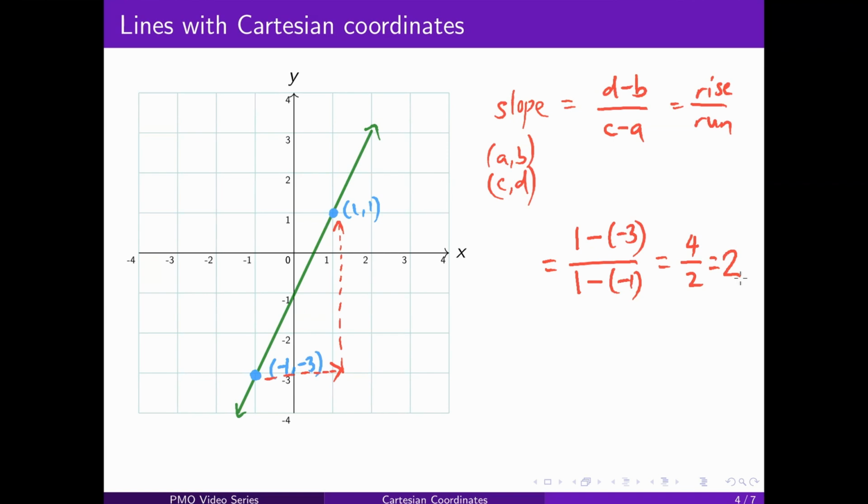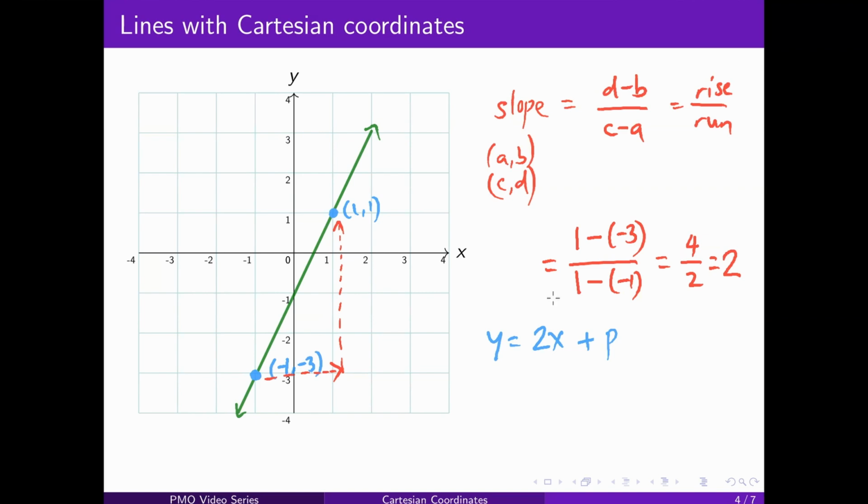So now that you have the slope, we know that the form of the equation for the line should look like y equals 2x plus b for some constant. Oh no, we already used b, so let's use a different variable. Let's say p. So the equation of the line should be y equals 2x plus p.